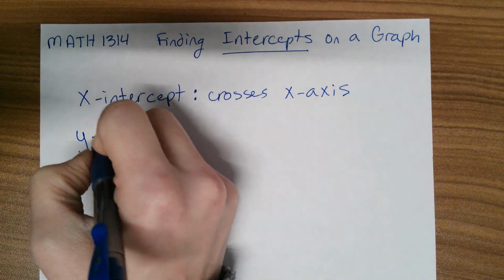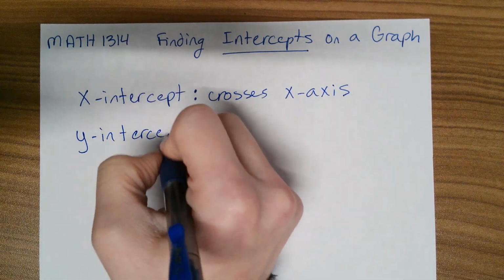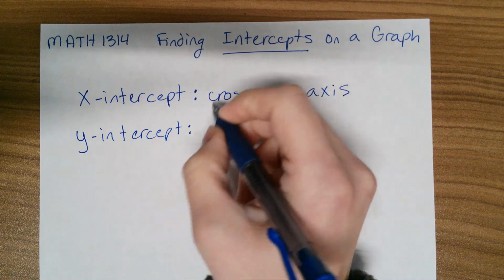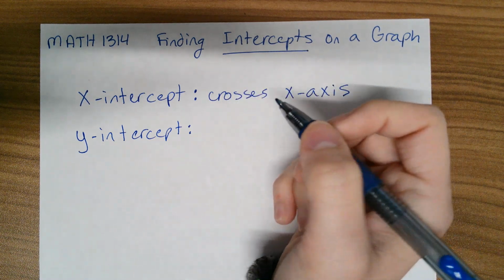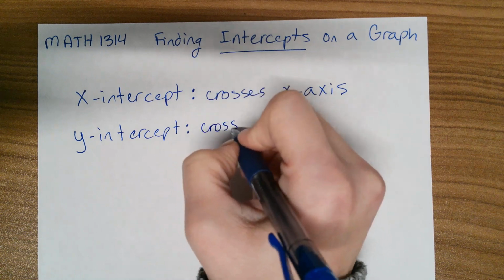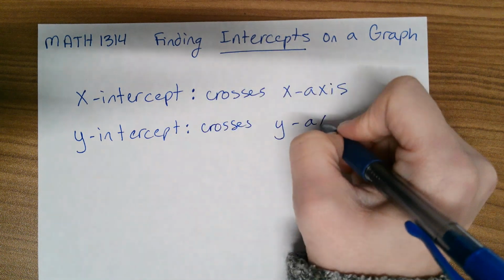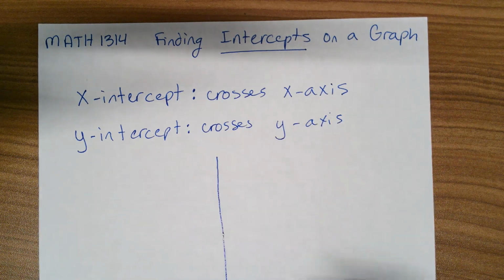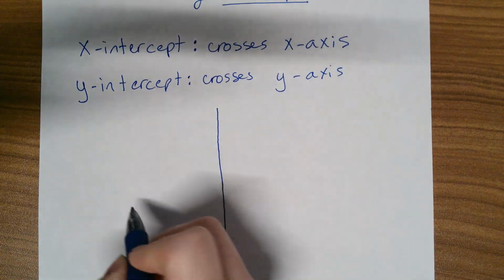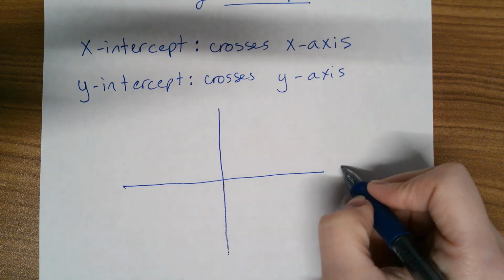The y-intercept, the second type of intercept, is where our graph crosses or touches or makes contact with the y-axis. So if we're given a graph, here's my y-axis, the y-axis goes up and down, and here's my x-axis.